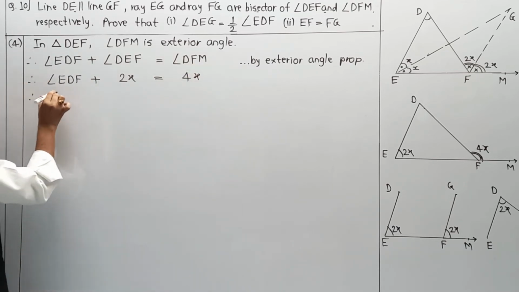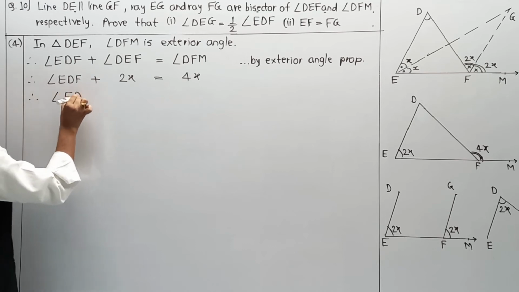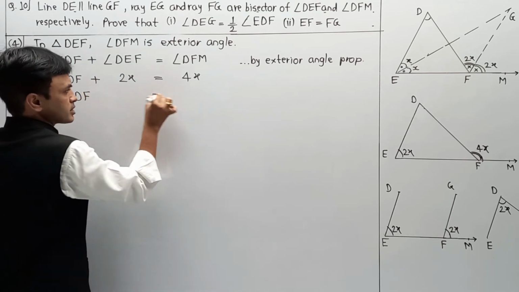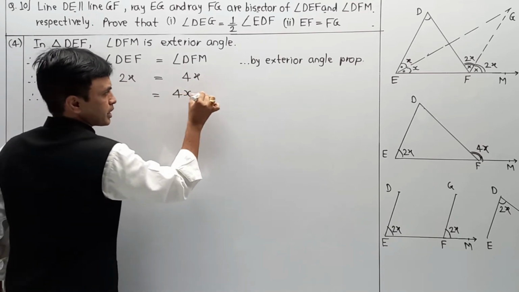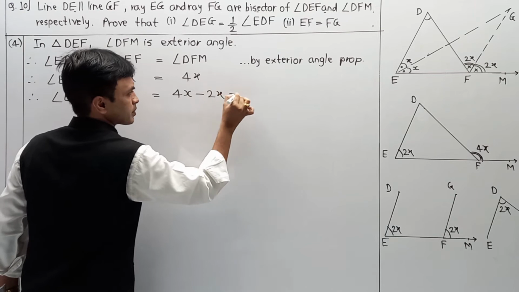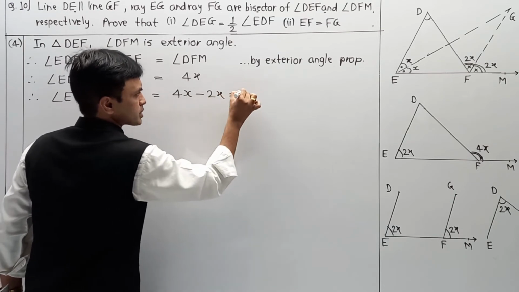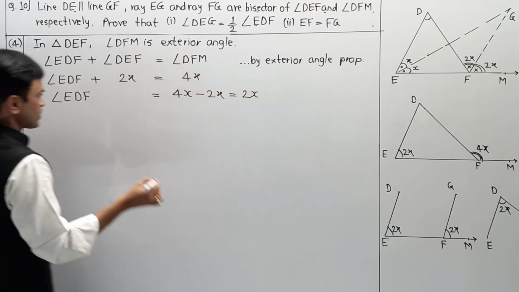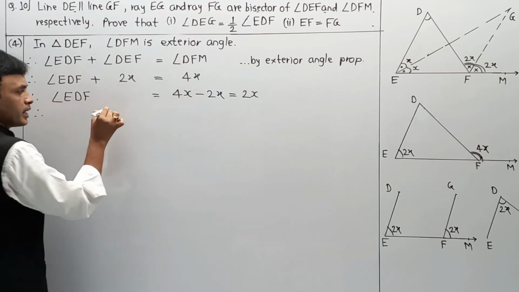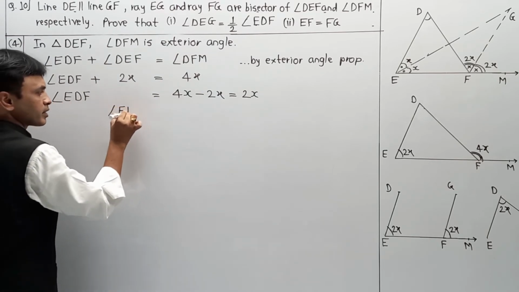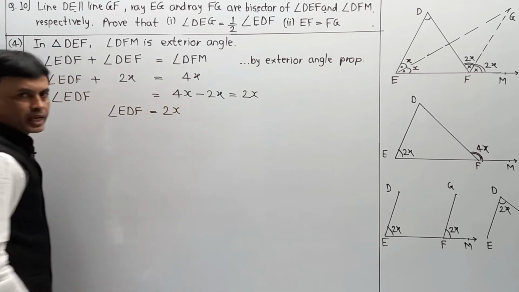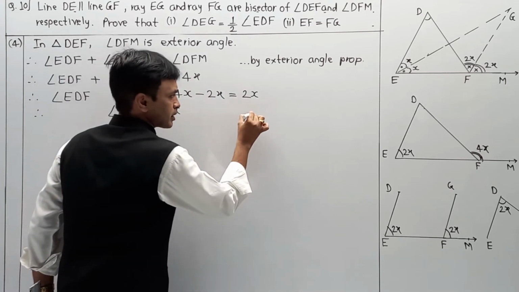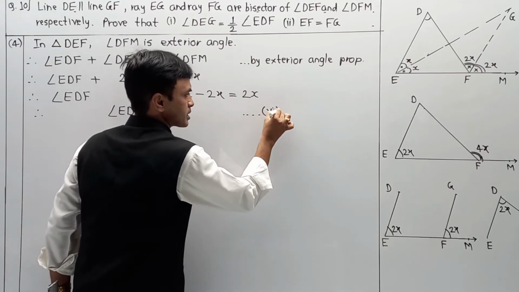Simplifying that part, therefore angle EDF is equal to 4x, shifting plus 2x to that side it becomes minus 2x, and 4x minus 2x becomes 2x. Therefore angle EDF is equal to 2x degrees, and that is nothing but your equation number 6.